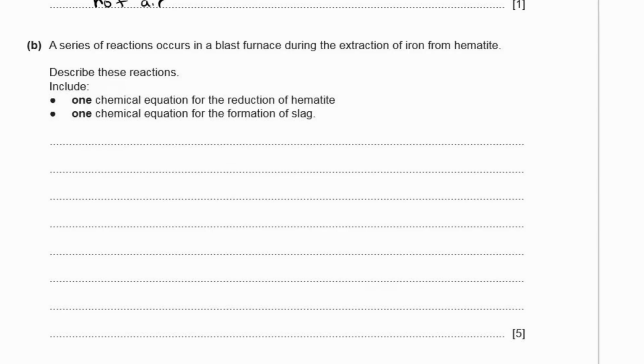B, a series of reactions occurs in a blast furnace during the extraction of iron from hematite. Describe these reactions and include one chemical equation for the reduction of hematite and one chemical equation for the formation of slag. The first thing that happens is coke is burned to form carbon dioxide.